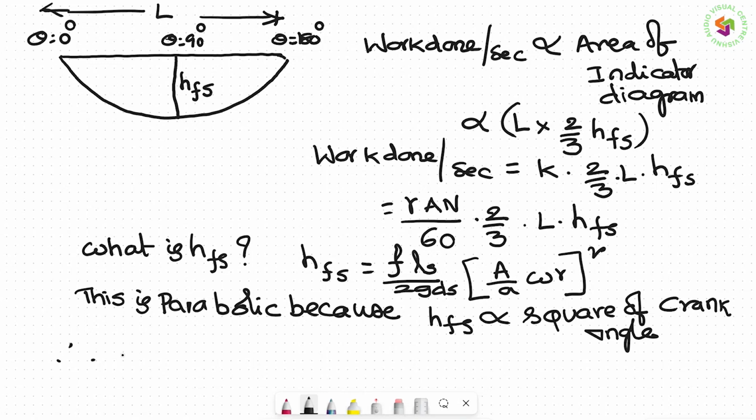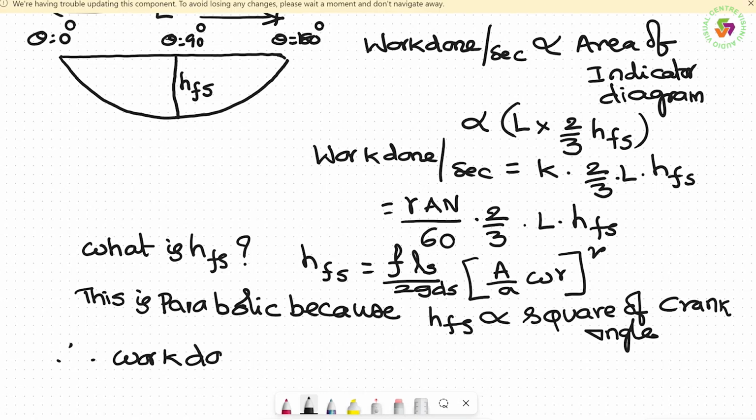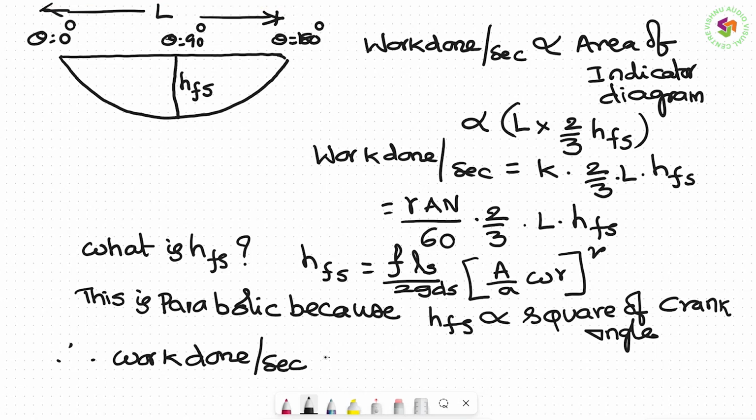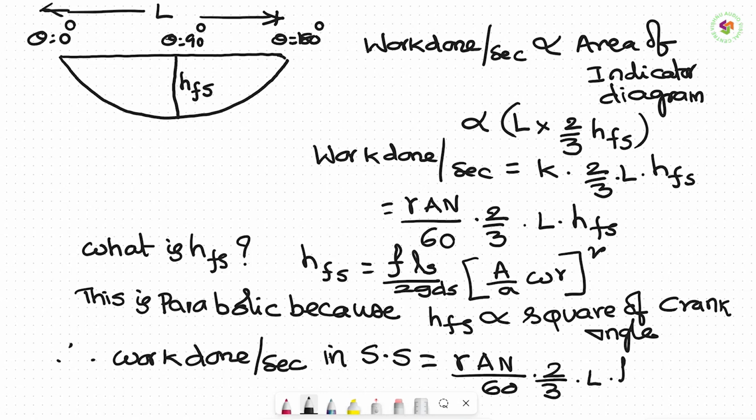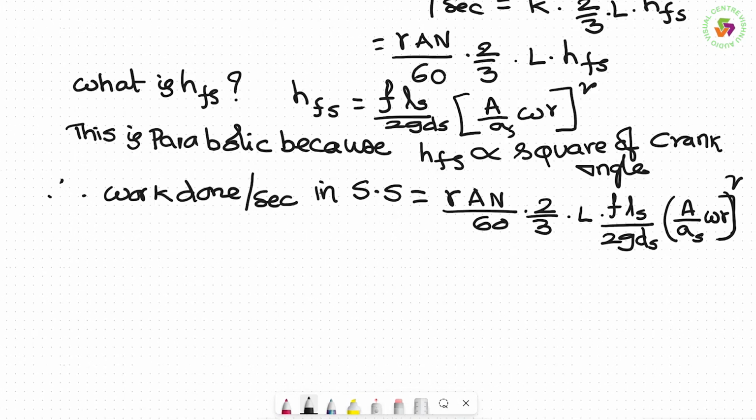So therefore, the work done per second during suction stroke is equal to gamma A n by 60 into 2 by 3 into L into F Ls by 2g ds into (A by As omega R) whole square. This is the final thing.